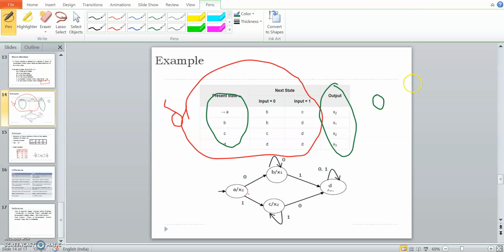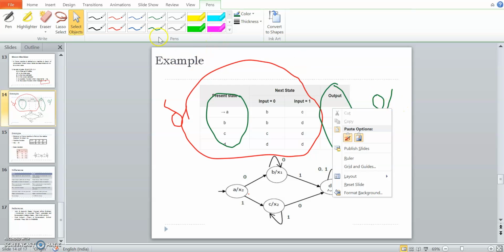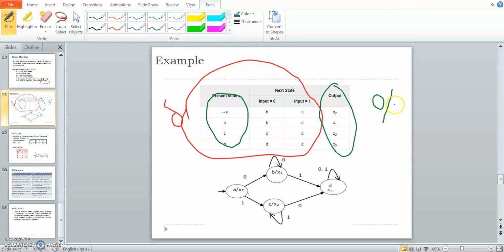Sometimes O can be represented differently, and sometimes another symbol is used. Few books use capital O, few books use the delta function again to represent the output function.